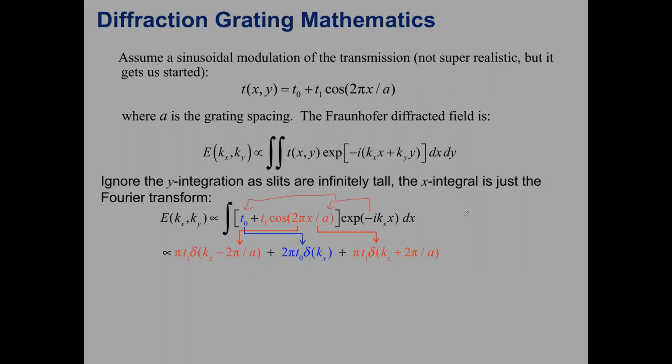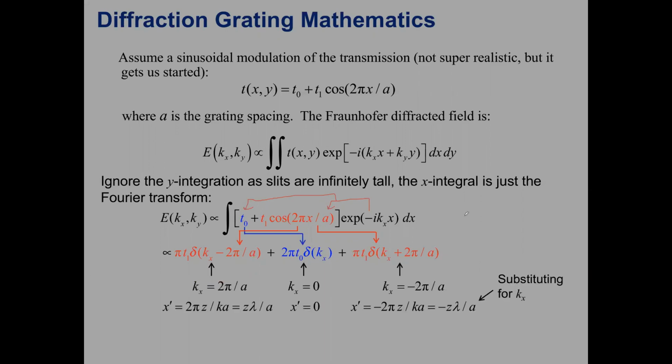If we use our standard conversion here to convert kx to coordinates on the viewing screen, what we see is that the position x prime on the viewing screen, or the positions where we get bright fringes, are going to be, for the blue term here, right at 0, right at the center. And then we get another bright fringe at the position z lambda over a.